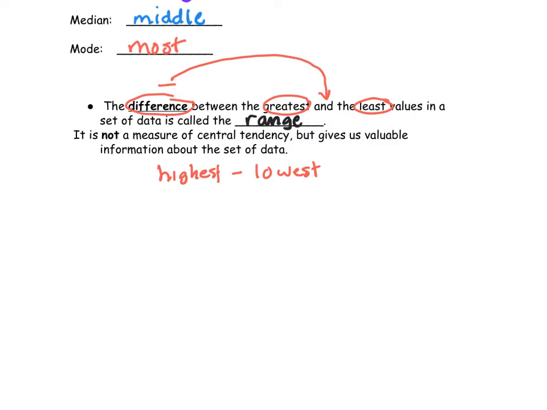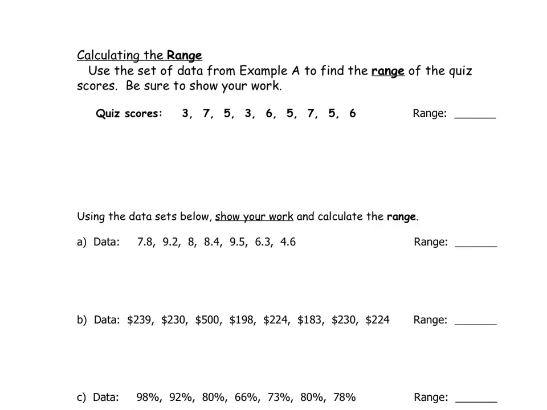So now let's move on to the next page. So we're going to be calculating the range. And we're going to use the set of data from example A for most of the work that we do for each one of these lessons to find the range of the quiz scores.